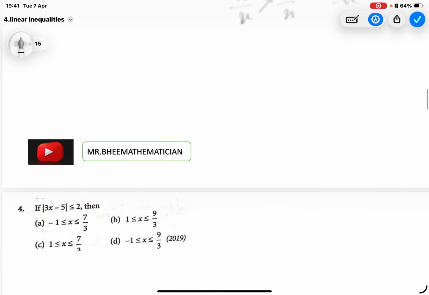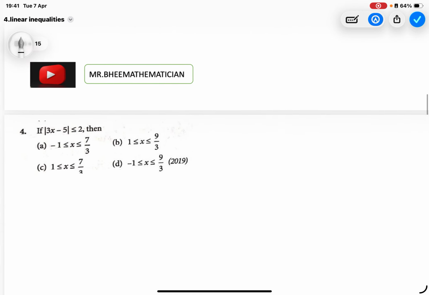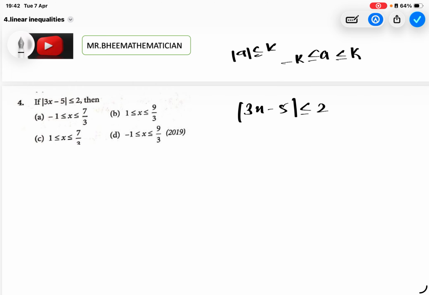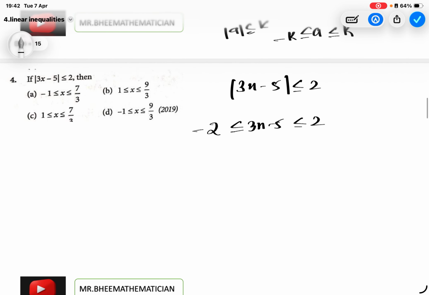And 2023, and directly they are asking 2019. Modulus of 3x minus 5 is less than or equal to 2, and you already know that modulus of a is less than or equal to k means a is greater than or equal to minus k and less than or equal to k. So 3x minus 5 is less than or equal to 2 and greater than or equal to minus 2.